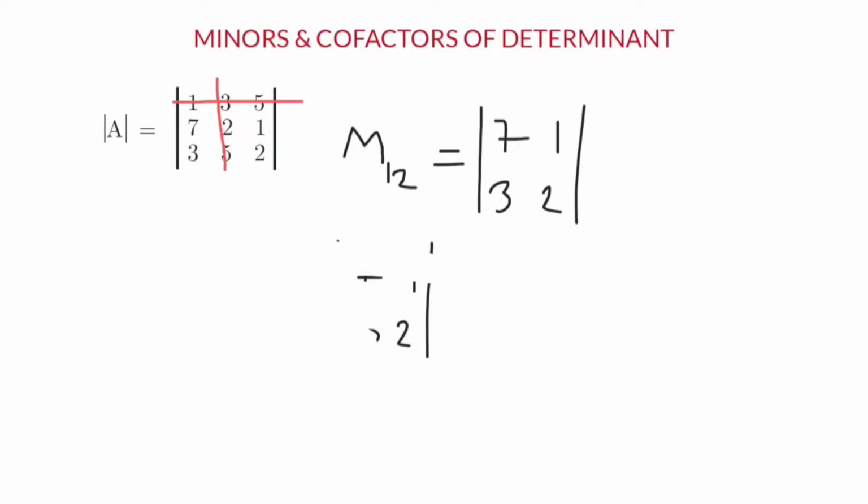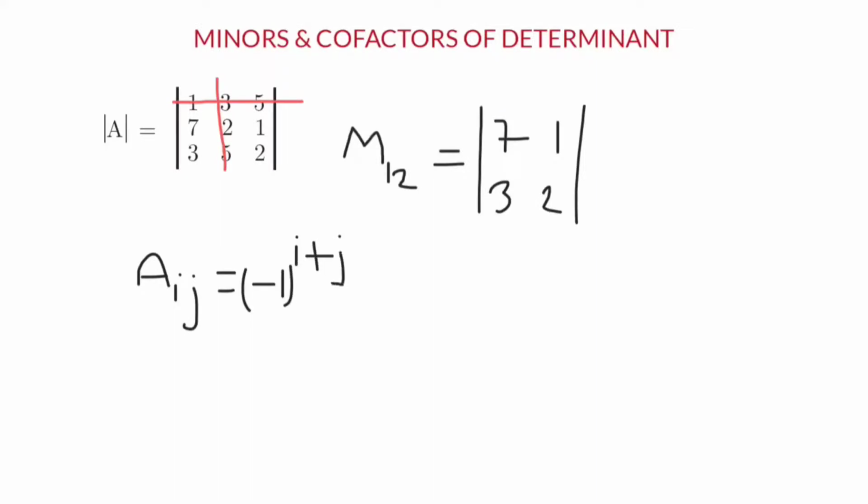So what will be the formula for a cofactor? Can I write Aij equals -1 to the power i plus j times Mij?